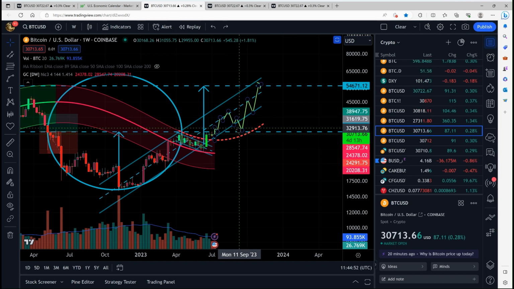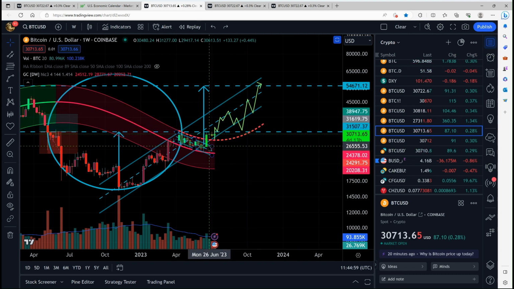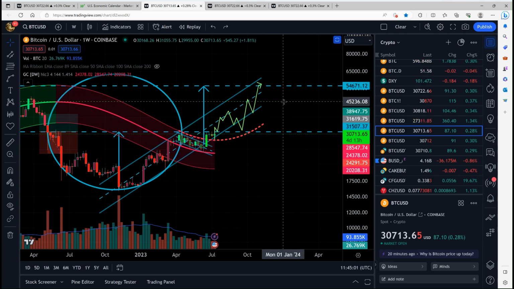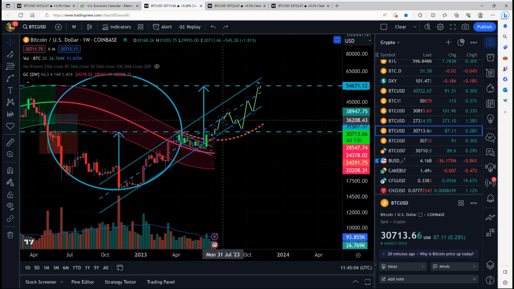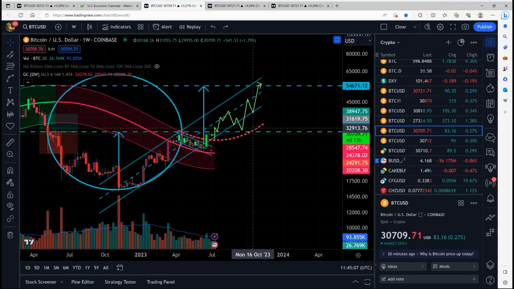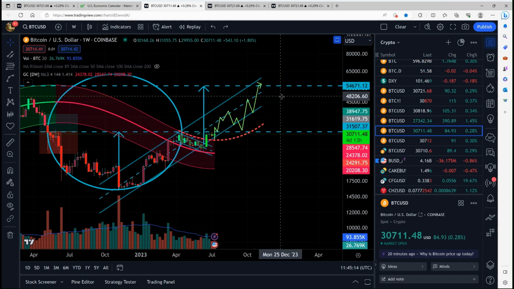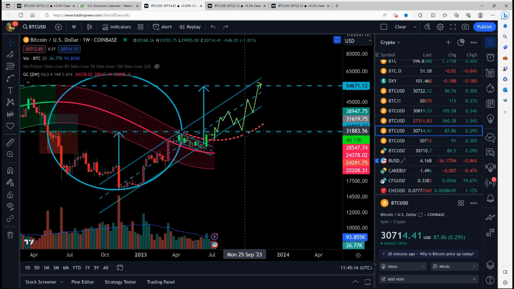Pullback, we'll have to see if this happens in September. I'm not going to say, who knows what's going to happen? This is just a prediction, and it'll be modified as we move forward. You can't possibly know what's going to happen in several months, but this general trend is what I see, and not necessarily these exact movements, but we'll see what happens.